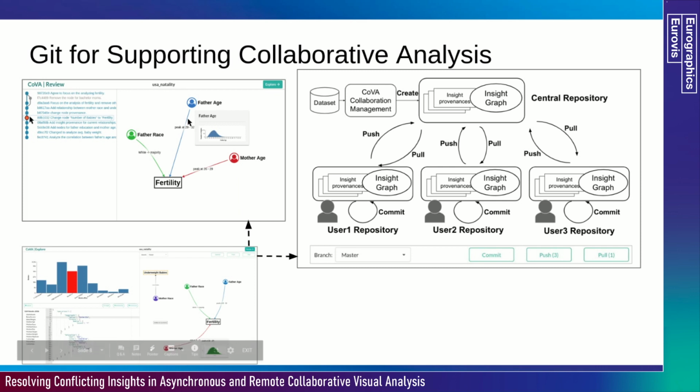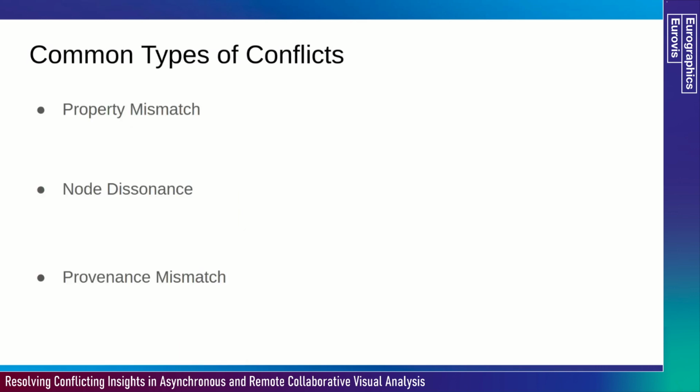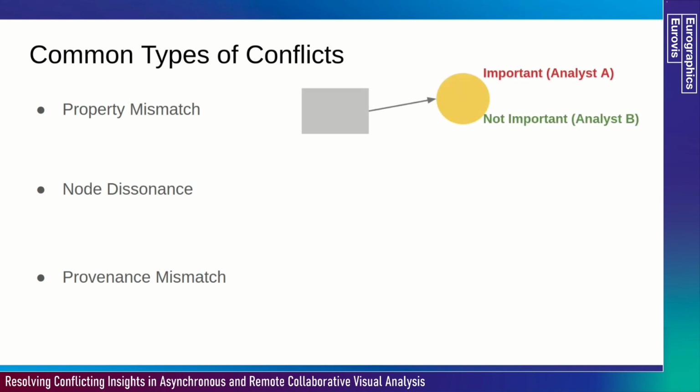For identifying and resolving conflicts, 3 common types of conflicts are currently supported. The first type is property mismatch, which occurs when 2 users edit the same node or link in the insight graph. For example, user A may label a node to be important, while user B may label it to be not important.